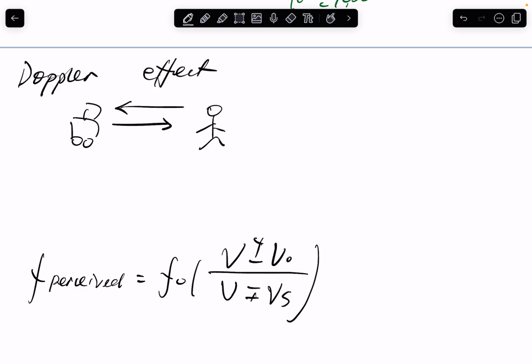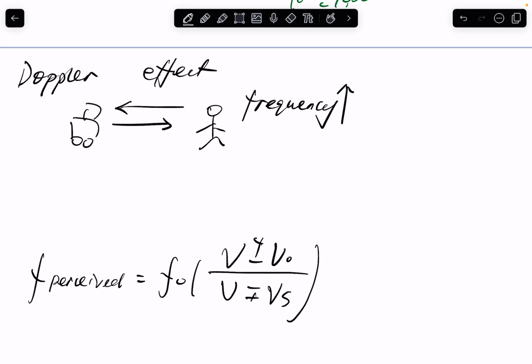The pitch goes up. It gets really sharp. It was dull when you were far away. I'm not saying that pitch equals frequency, but on the MCAT it's easy to conceptualize it that way. So the pitch goes up, the frequency goes up.